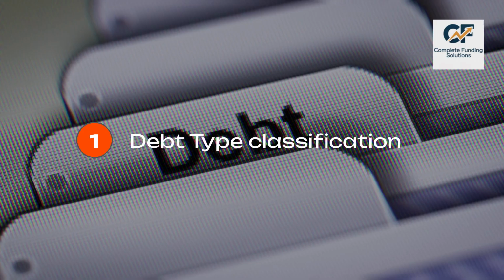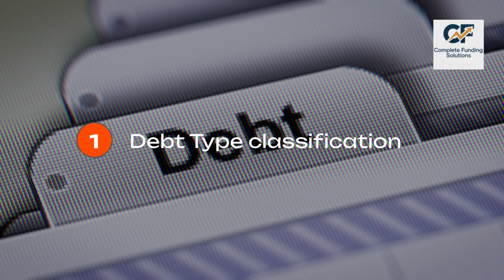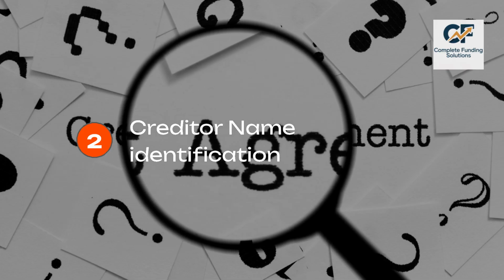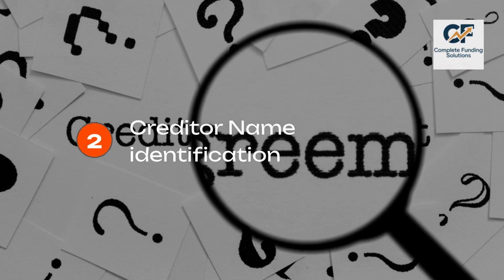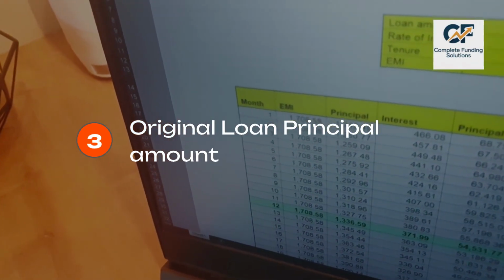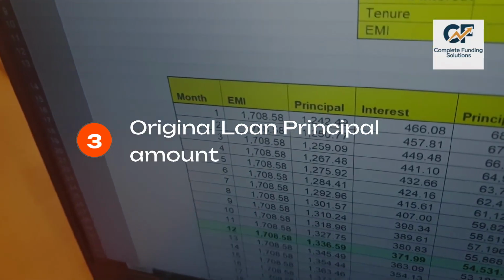First is the debt type, which explicitly classifies the capital tool, whether it's a fixed-term loan, a revolving line of credit, or a revenue-based advance. Second is the creditor name, identifying the specific commercial lender or private capital provider holding the note. Third is the original loan principal, showing the baseline size of the initial facility.